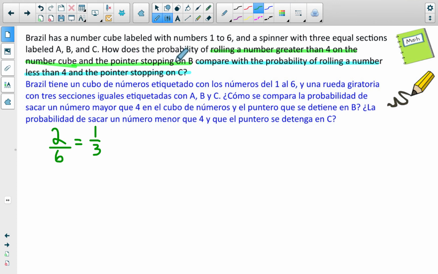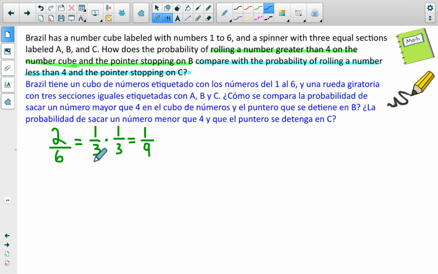And the pointer stopping on B. Well, there are 3 equal sections. B makes up one of the 3, so that's 1/3. So what I have here is 1/3 times 1/3, which gets 1/9. So that's the probability of the green one, okay? The two parts of that compound probability happen to be the same fraction.